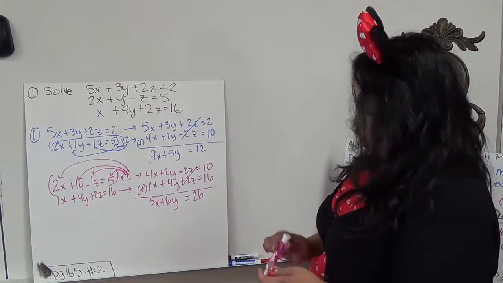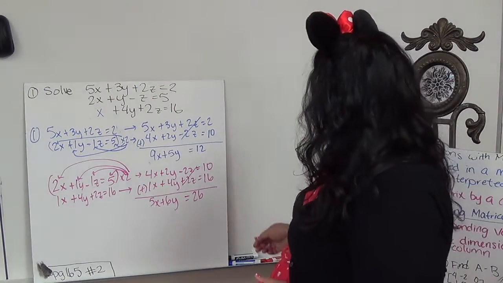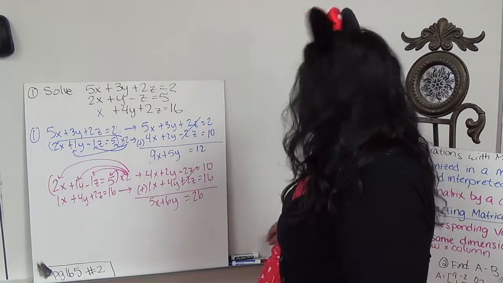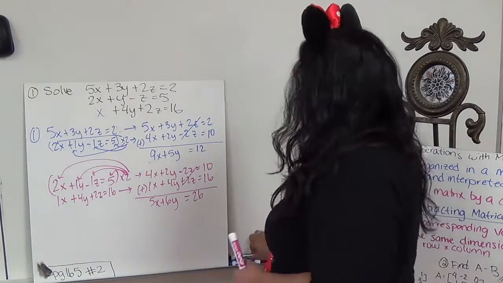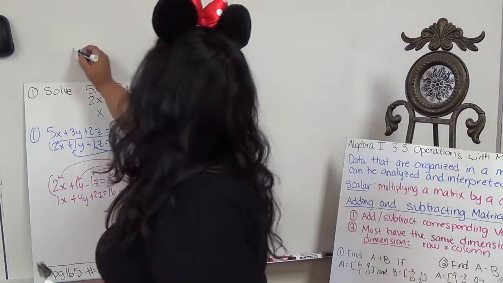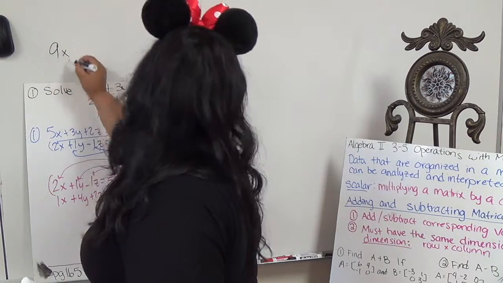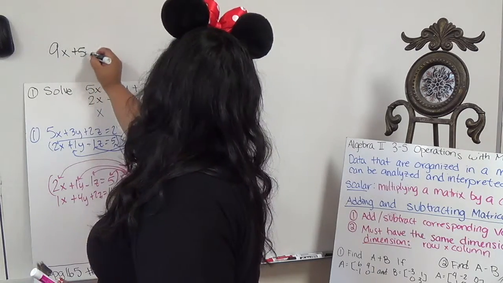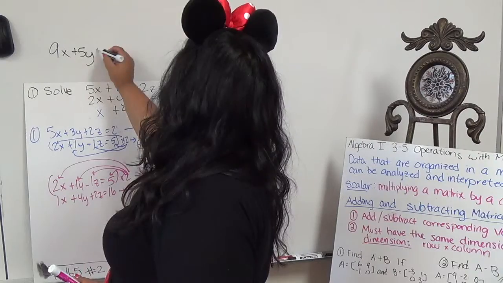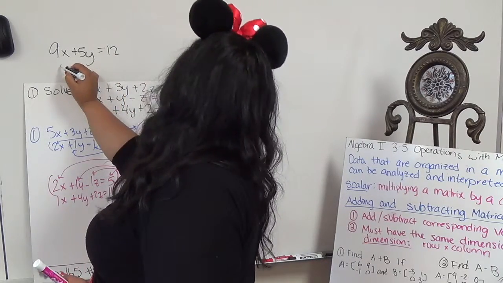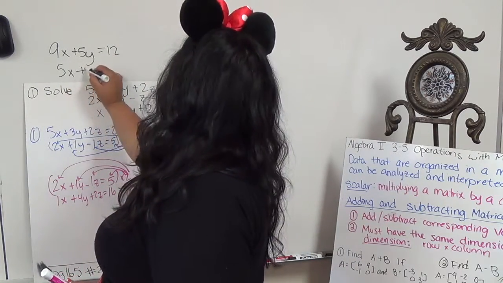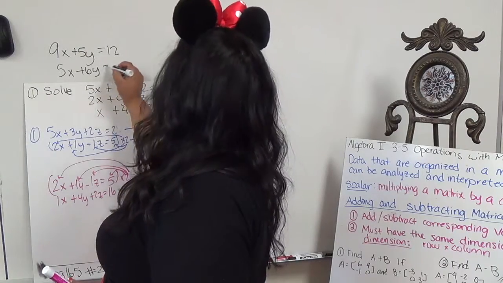Right? So what happens here is then I have these equations. 9x plus 5y equals 12. And then 5x plus 6y equals 26.